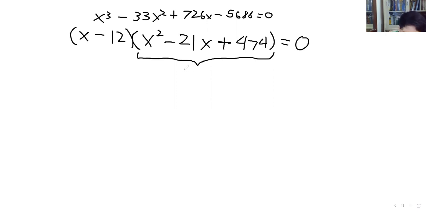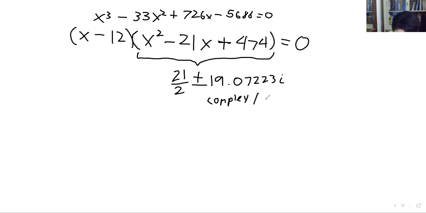are 21/2 plus or minus 19.07223 i, etc. This is a complex number, but it's not 0. So this is a complex root, or also a strange root because you need the 0 root.